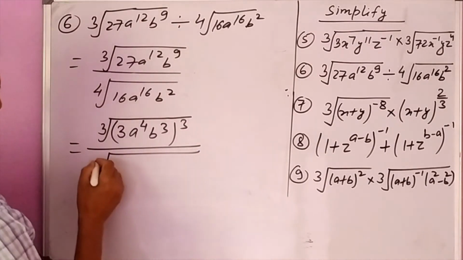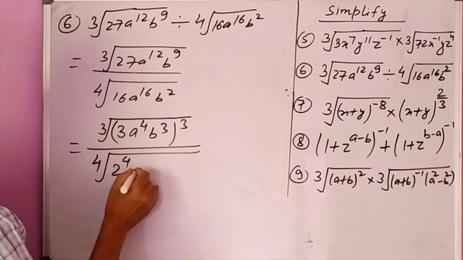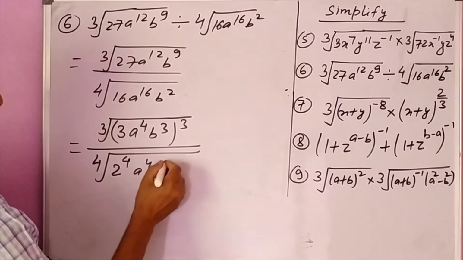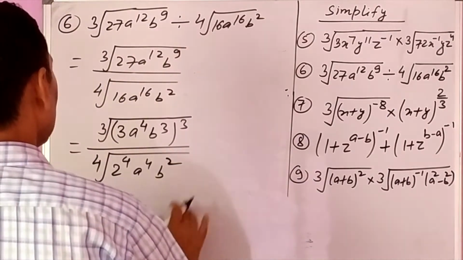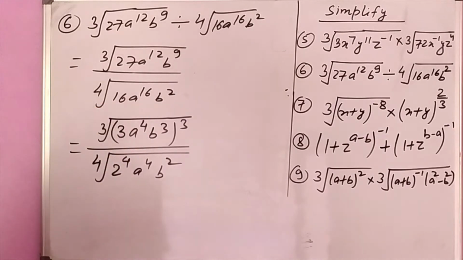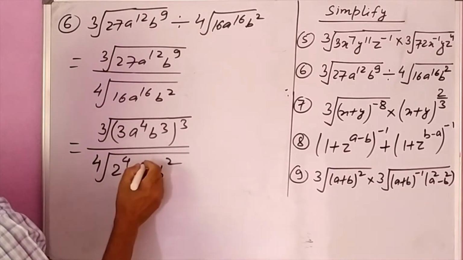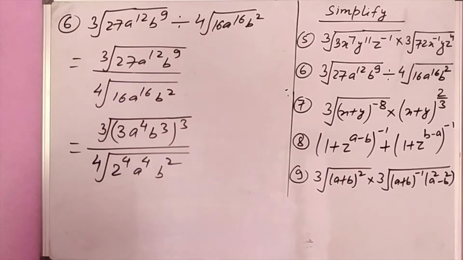Look here now, one more step. It is 2 to the power 4, a to the power 4, b square as it is. 16 is 2 to the power 4, and this a to the power 16 it is a power 4 to the power 4.